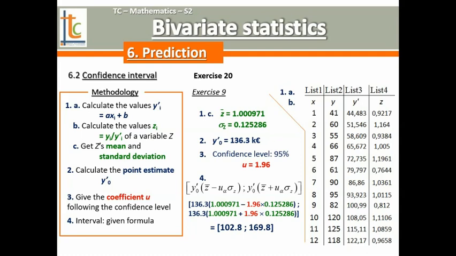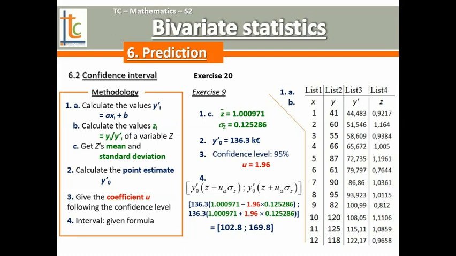Let's talk about that. If you have 95% chance that the next value will be inside this interval, it means that there are only 2.5% chance that it would be under 103 and 2.5% chance it would be over 170.